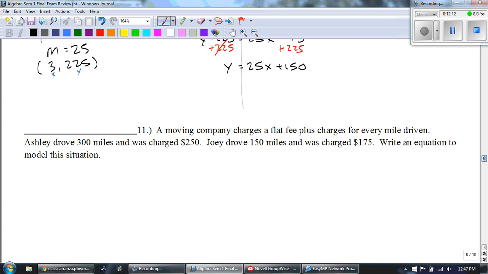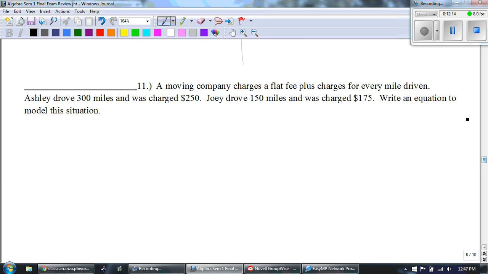All right, last one, number 11. A moving company charges a flat fee plus charges for every mile driven. Ashley drove 300 miles and was charged $250. Joey drove 150 miles and was charged $175.